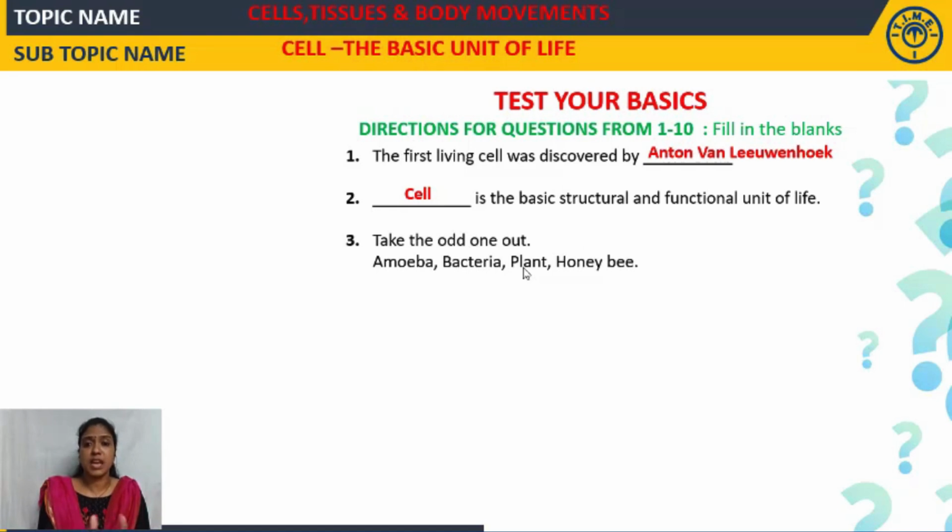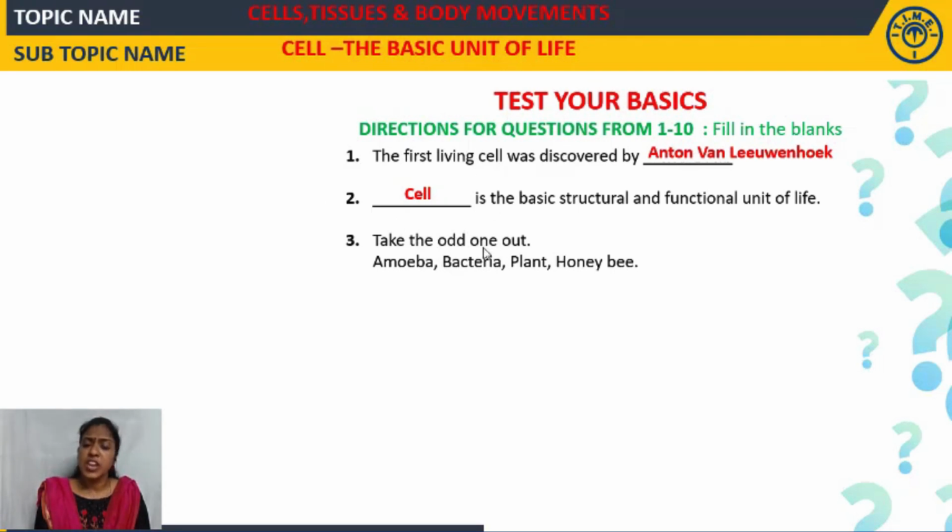Organisms can be divided into unicellular, single-celled, and multicellular, many-celled. Honeybee is also multicellular. So this won't work, because we cannot categorize them as unicellular and multicellular; we have to pick one and only one odd one.